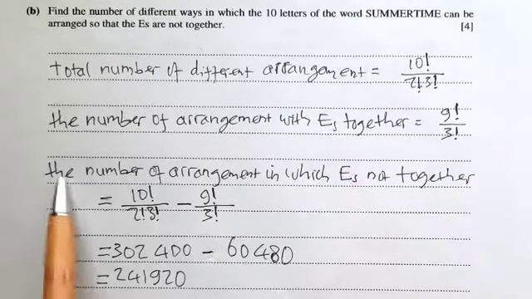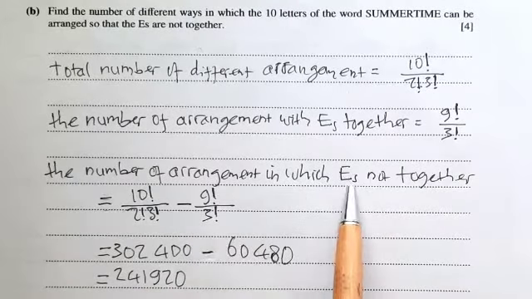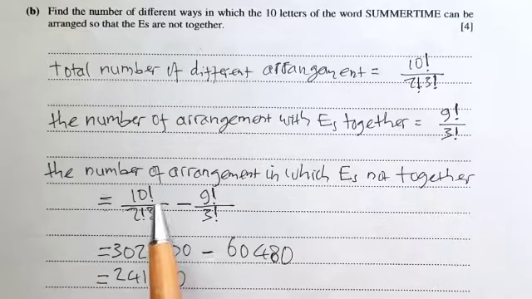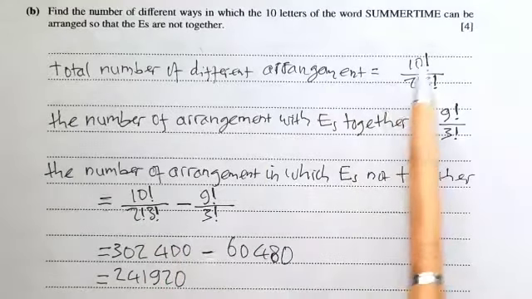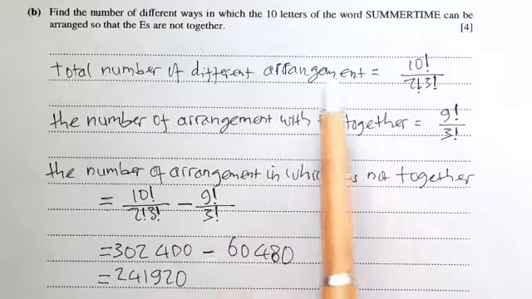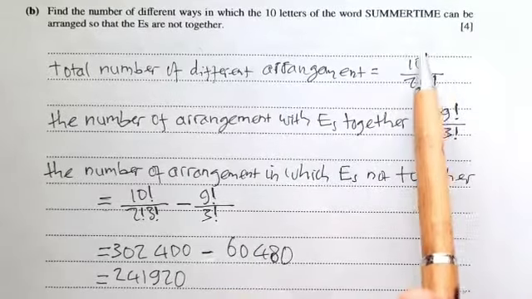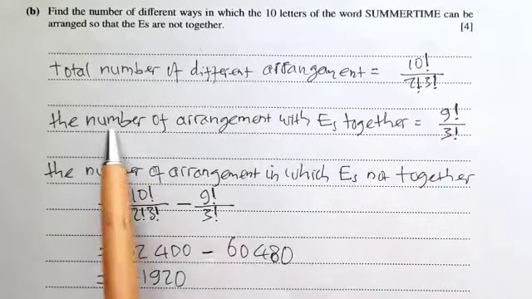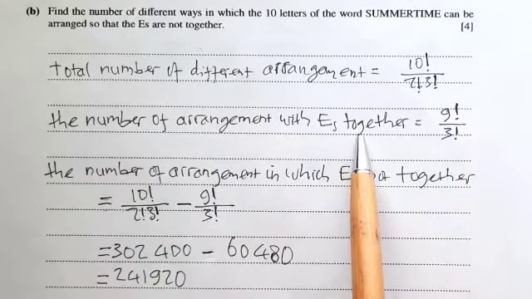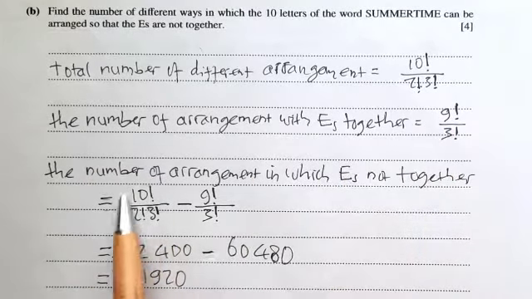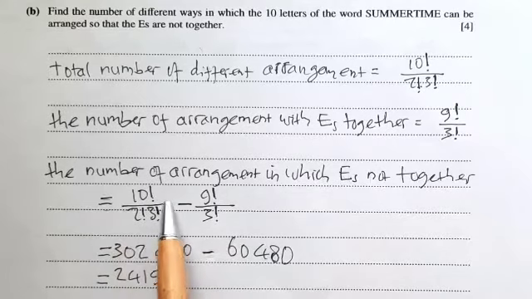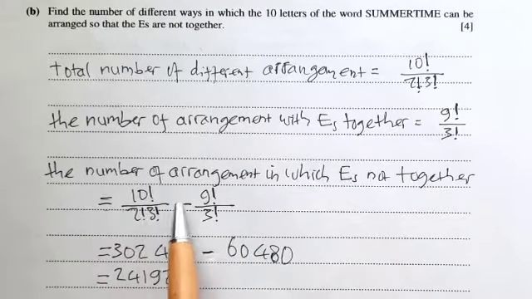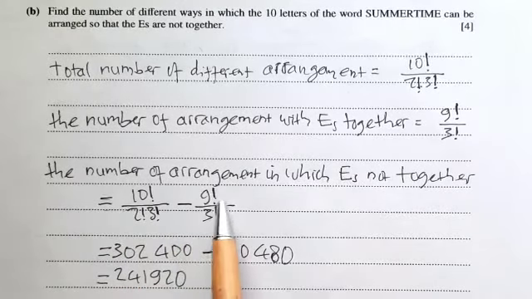So, the number of arrangements in which the E's are not together is the number of different arrangements, 10 factorial divided by 2 factorial times 3 factorial, minus the number of arrangements with the E's together, 9 factorial divided by 3 factorial.